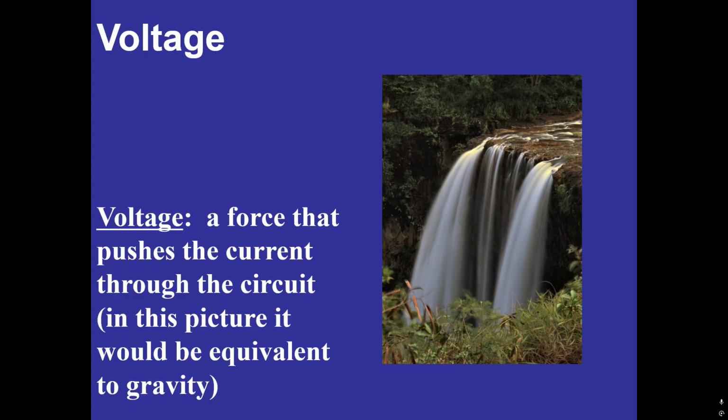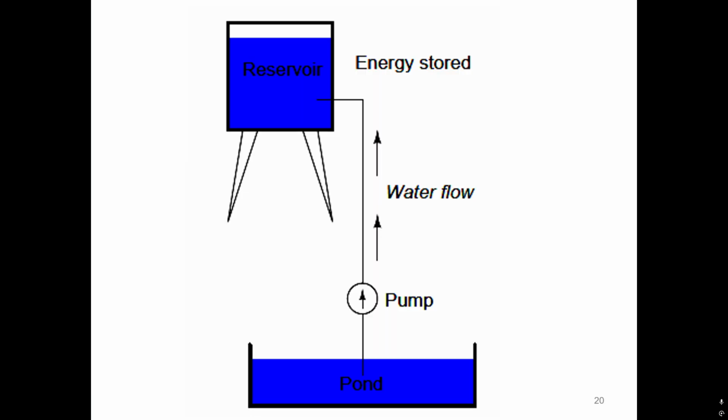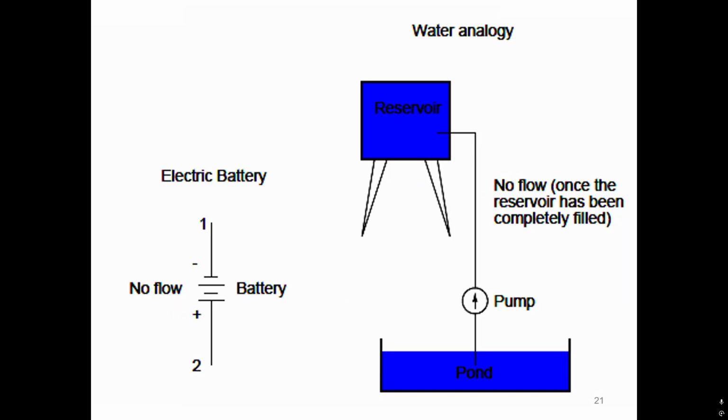So it is like a flow of water from a higher potential or higher pressure region to a lower pressure region. For example, we have a pond and a reservoir. A pump sucks the water and it fills the reservoir. So the energy gets stored in this case.